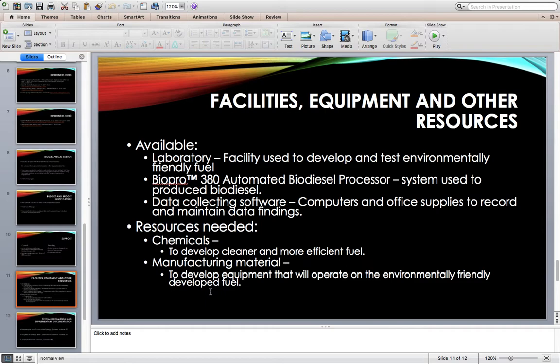So this is good, but it's going to need to be bolstered, potentially built into 2 slides. One where you state resources that are currently available to your client, and then resources needed via the grant funding.